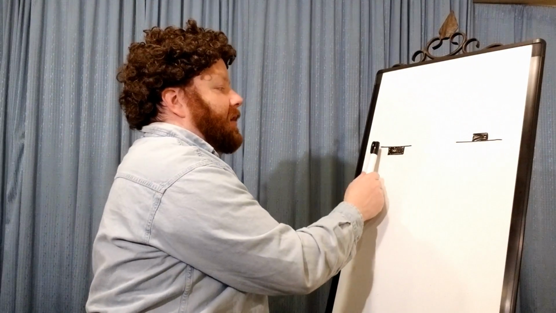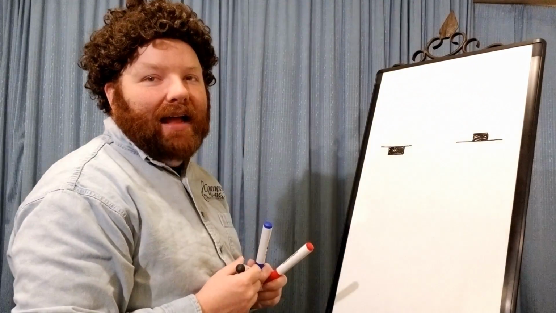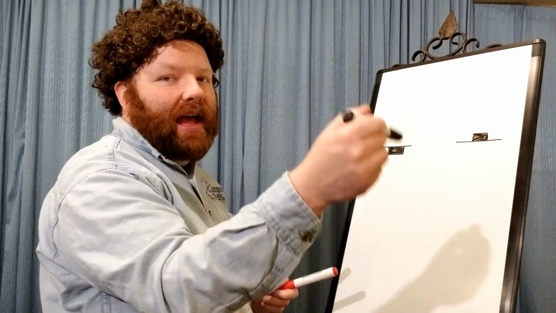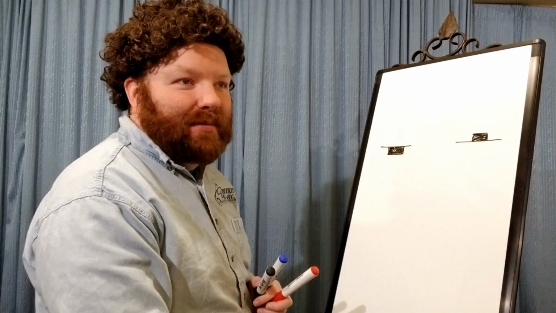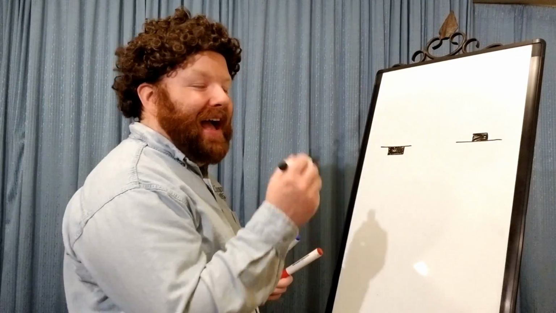So the way to remember that, a whole is a bowl and a half is a hat. Whole, bowl, half, hat. And still to this day, sometimes I just catch myself saying that little rhyme to help me find my way. Whole bowl, half hat.